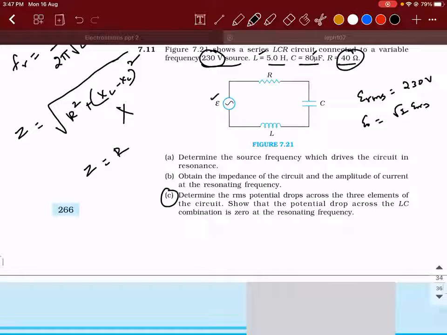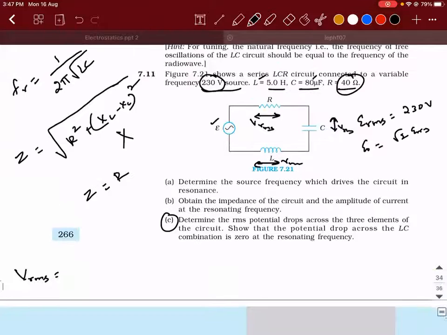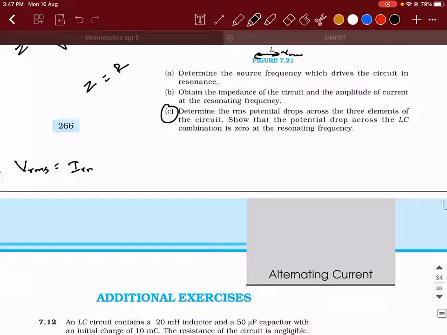See, this has an RMS value. There will be VRMS across the resistor, VRMS across the capacitor and VRMS across the inductor. So there is only one formula. VRMS across the resistor, you can write it as IRMS into the resistance.